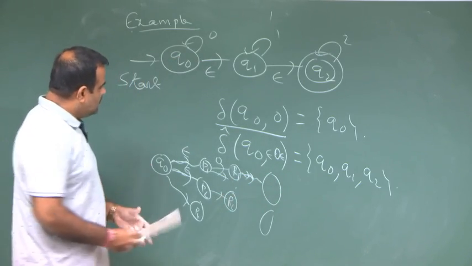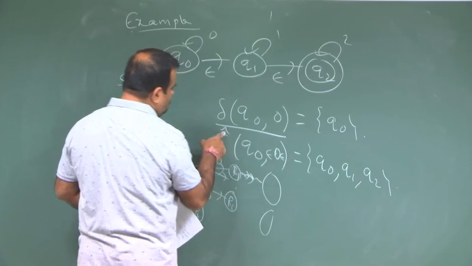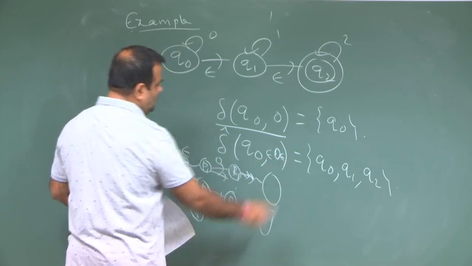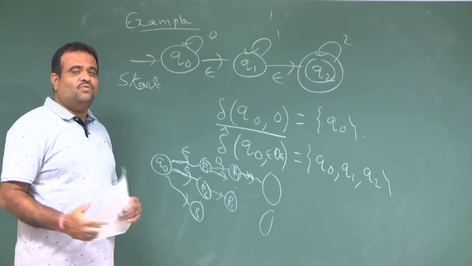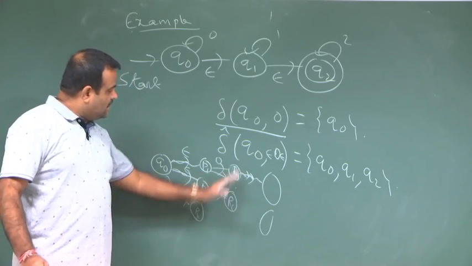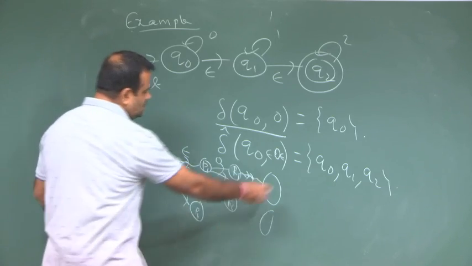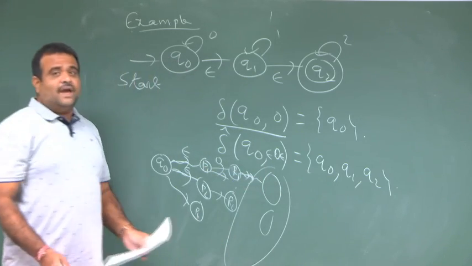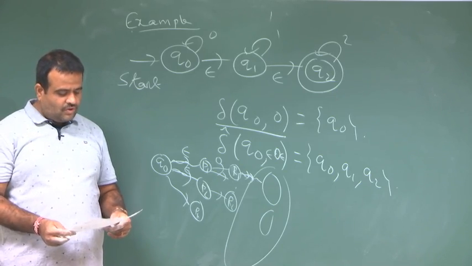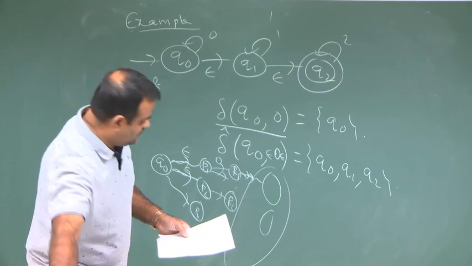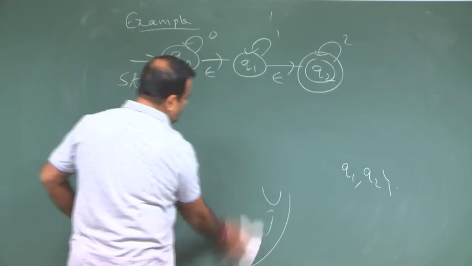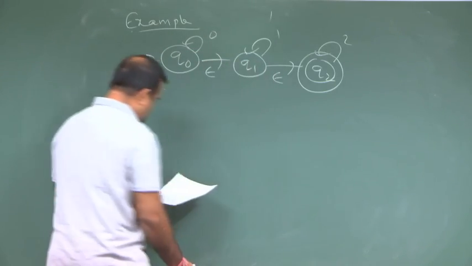So, when you talk about the hat, this 0 can be treated as epsilon 0 epsilon. This will include the epsilon closure of every state of this set. This is the freedom we have: with an epsilon move, without seeing the input we can move from one state to another state. That is the difference between delta and delta hat.